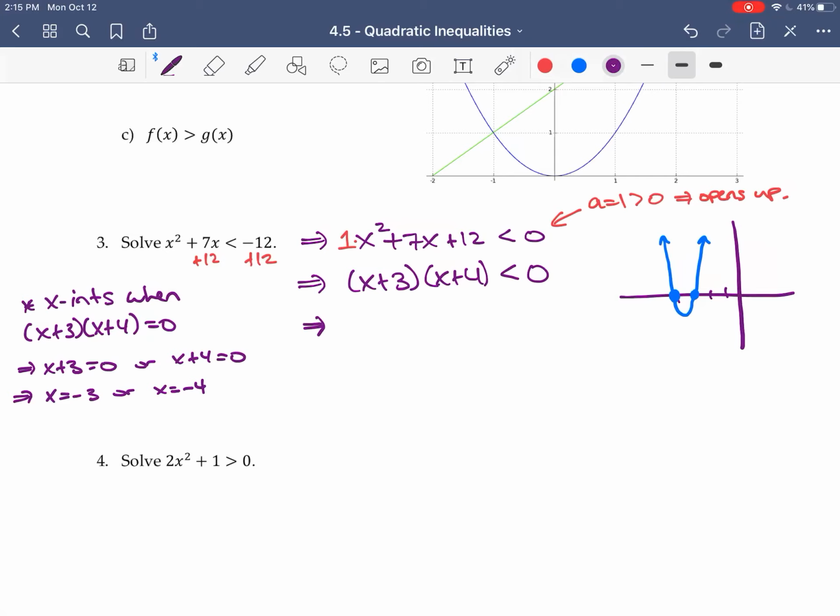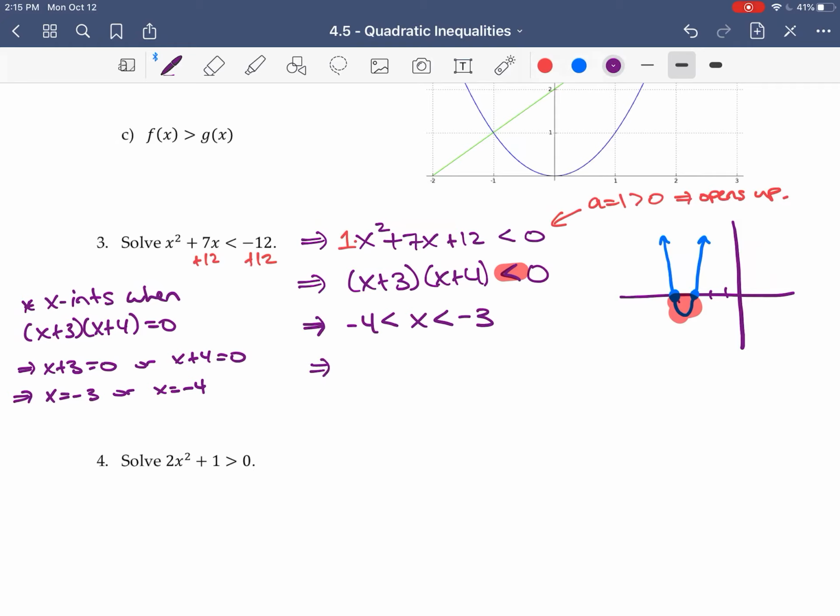So I want to know, where is that thing less than 0? It's saying less than 0. So that's going to be in this interval here, where I'm between -4 and -3. I'm strictly less than, so I don't want to include 0. So for all x's that are between -4 and -3, the y values are less than 0.